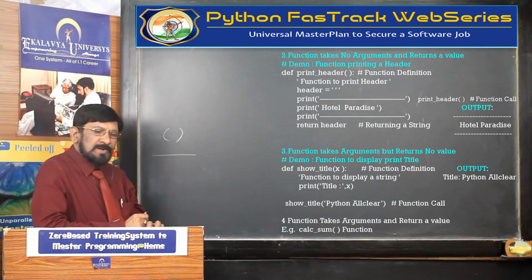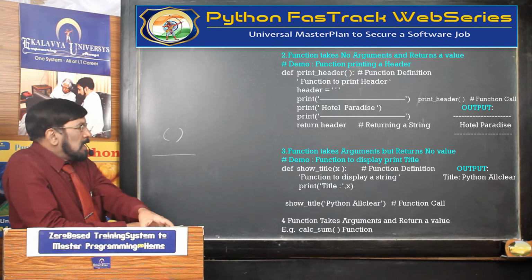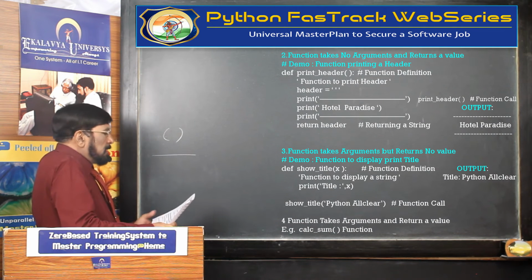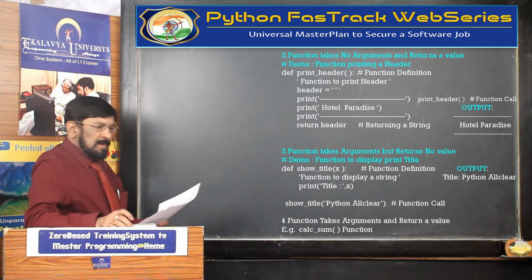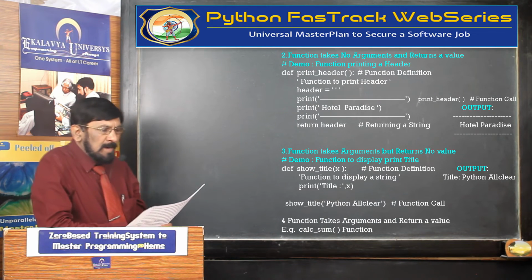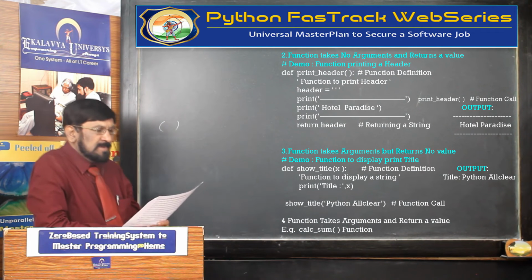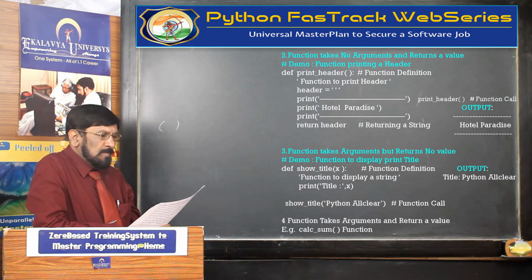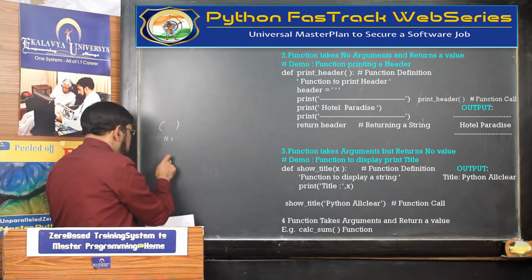And the second one, function takes no argument but returns a value. Here you see, def print header. Print header is the function name and it is not taking any argument. That's why empty parentheses are there. Within the body, we have written a multi-line string.